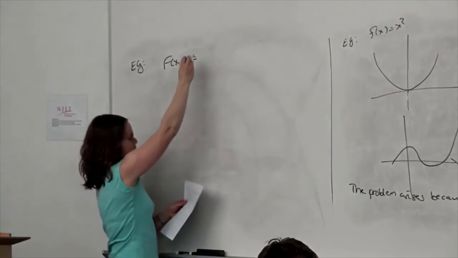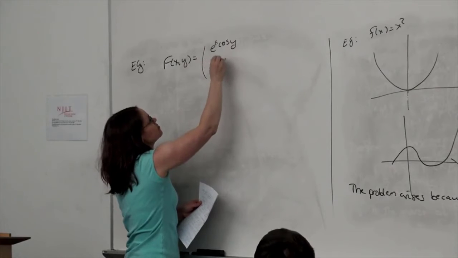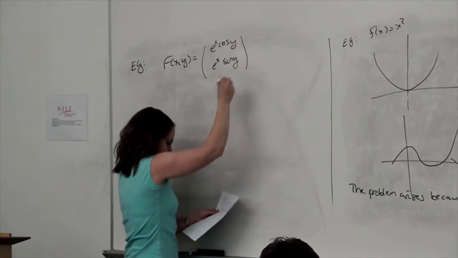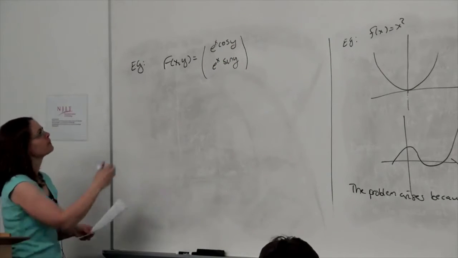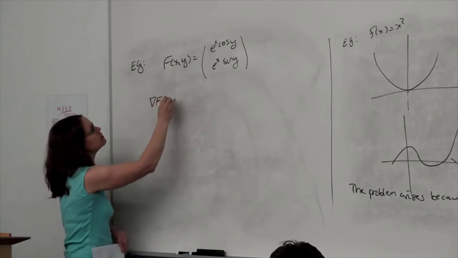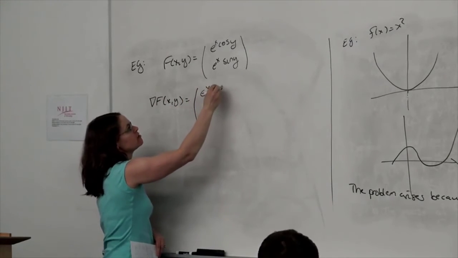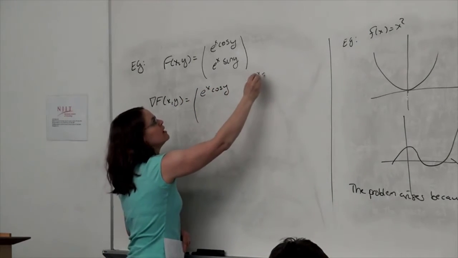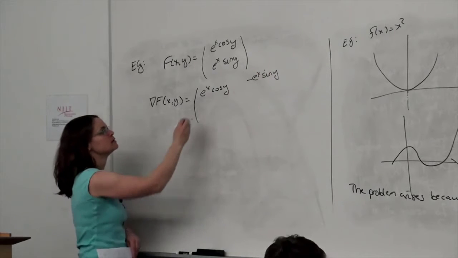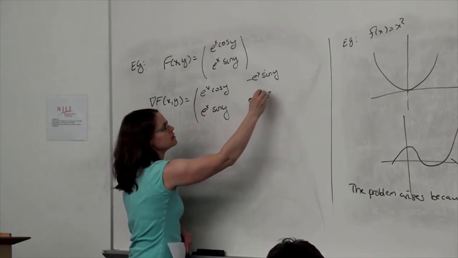All right, so let's try this example. e to the x cosine y and e to the x sine y. The Jacobian is, all right, partial of this with respect to x and with respect to y, and then the second line.